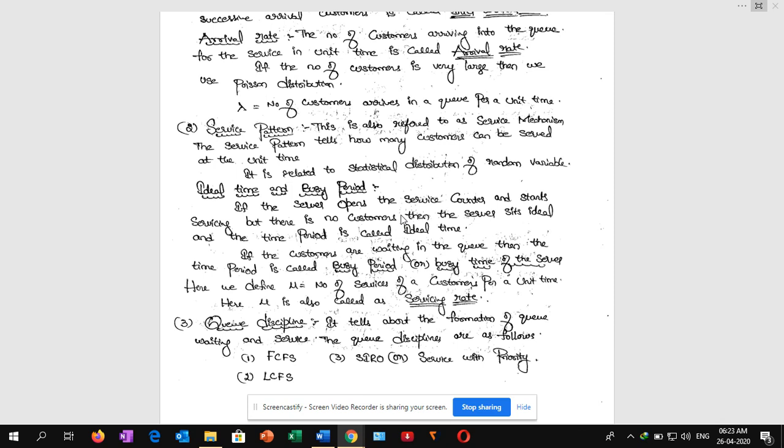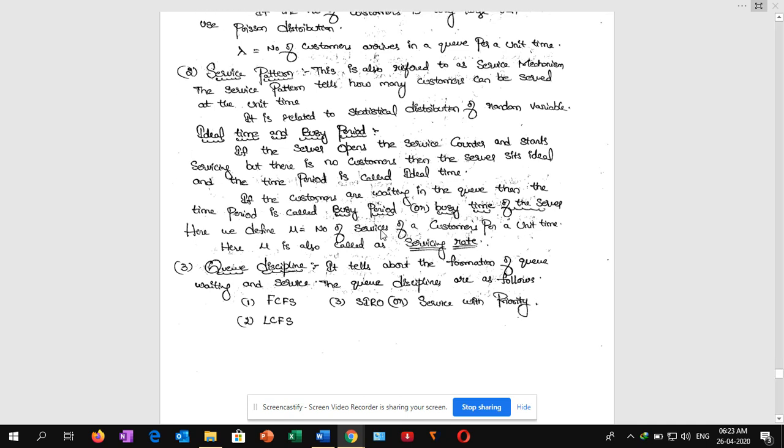The show will start as usual, but there are no customers to watch the movie. Then he sits idle. This is an example of idle time. Idle time means the server opens the service counter, but there is no customer, so it sits idle.